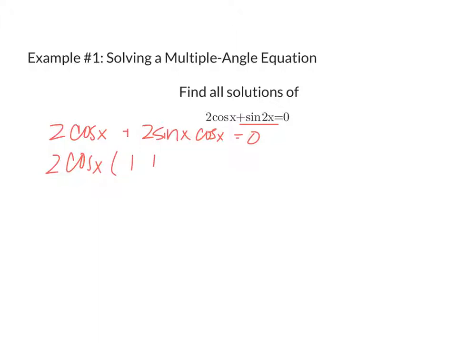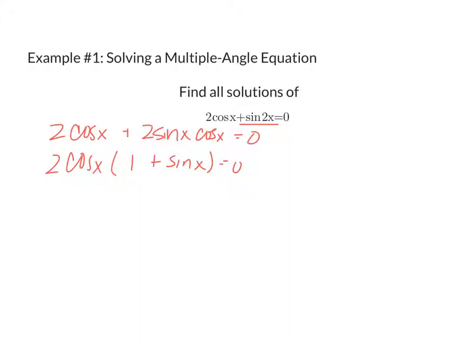So we're going to have 2 cosine of x plus, and then the sine 2x is the same thing as 2 sine x cosine x, equal to 0. On the left-hand side, there is a greatest common factor of 2 cosine x that we can take out. So if I factor out 2 cosine x, we're left with 1 plus sine x.